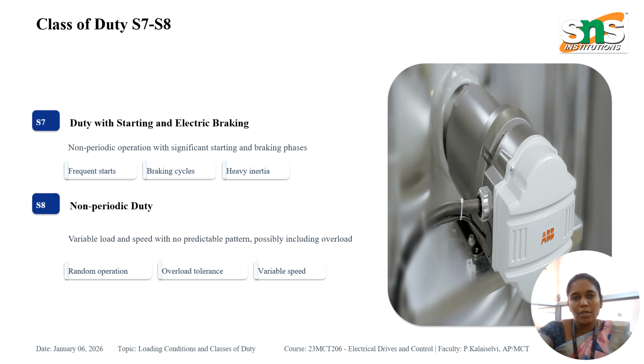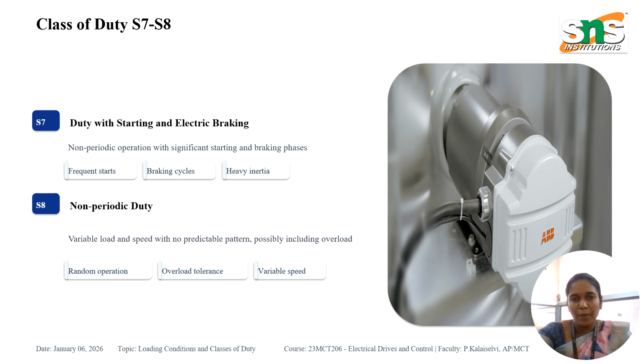S7 is a starting and braking duty. Frequent starting and braking occur in this type. There are no rest periods. Heavy inertia loads are involved, and the starting and braking duty is non-periodic in nature. Rolling mills and heavy cranes are of this type.